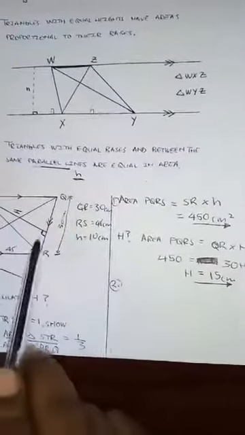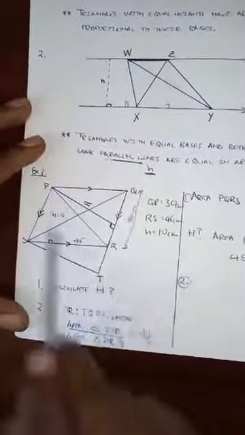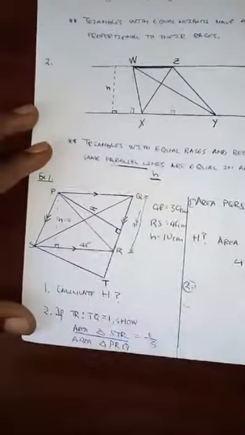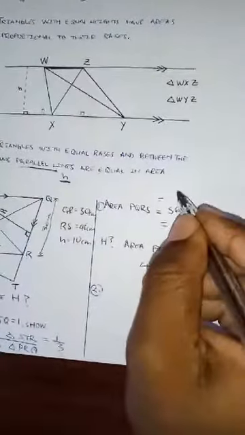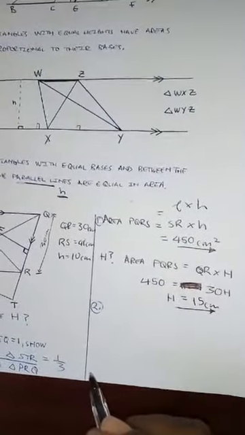So what can we use quickly? Area of PQRS. What is PQRS? PQRS is a parallelogram. And what is the area of a parallelogram? Area of a parallelogram is length times height. And what's the length?